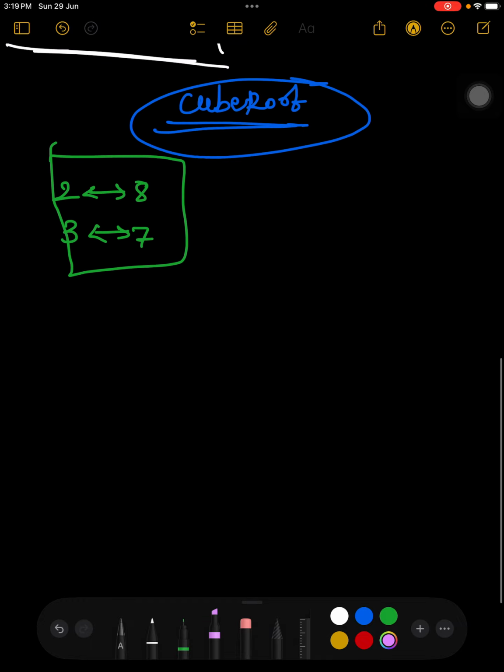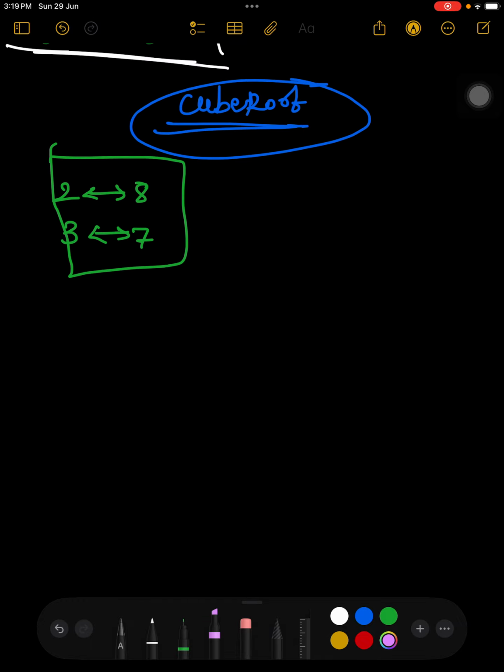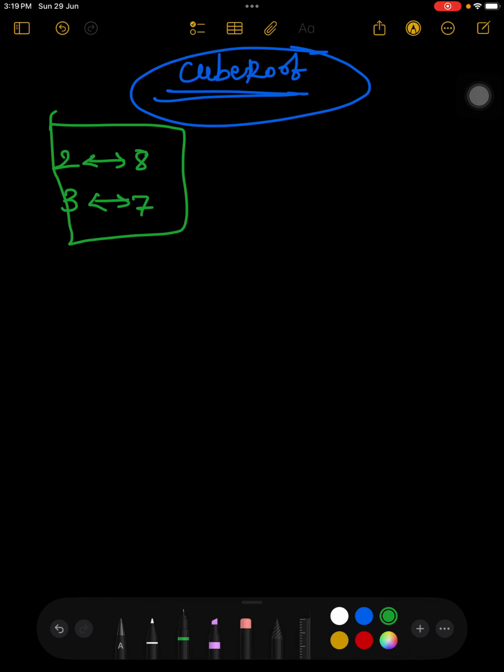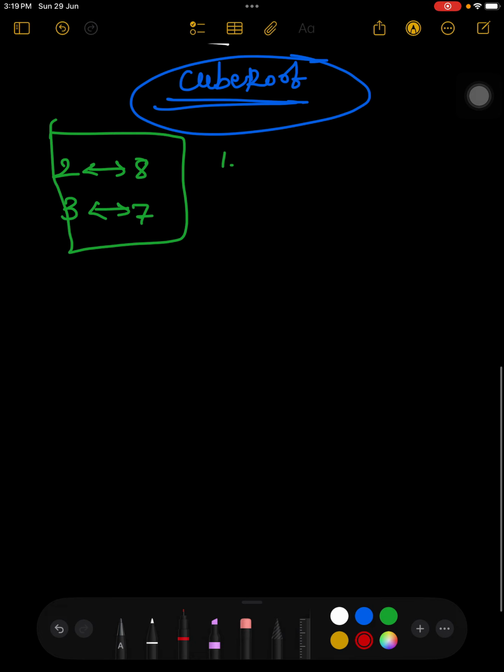Now let's see how to calculate the cube root of any number. It's too easy. First, let me write down the steps which are important for calculating the cube root. The first step is always to consider the last digit.